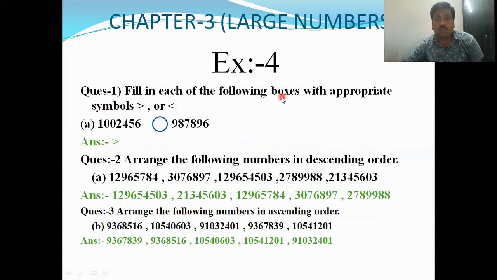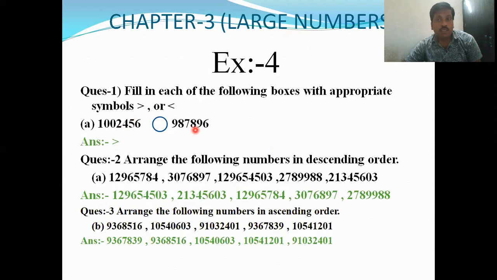Fill in each of the following boxes with the appropriate symbol, greater or less sign. This makes the greater sign and this makes the less sign. When we write these symbols, the left side number is larger than the right side number. Now, compare these two numbers.